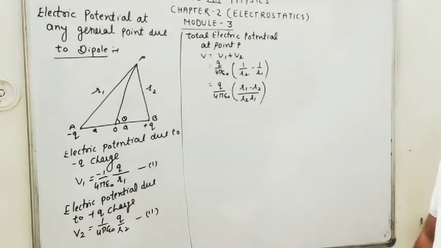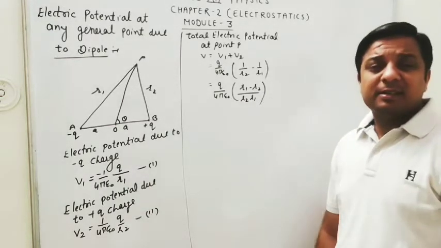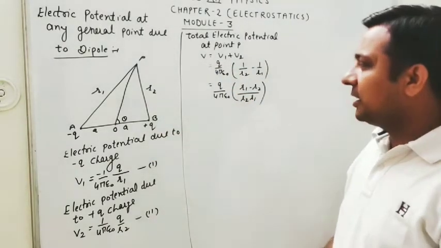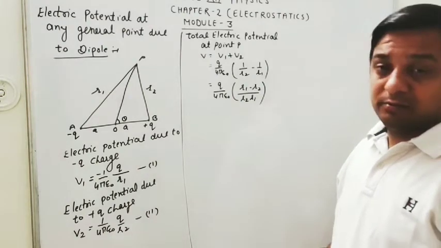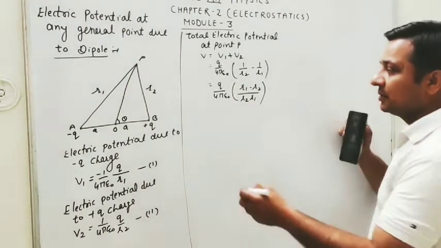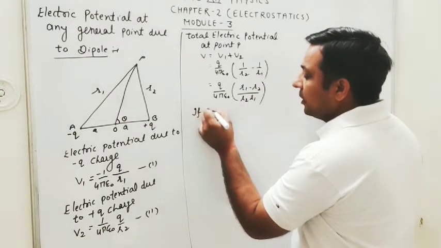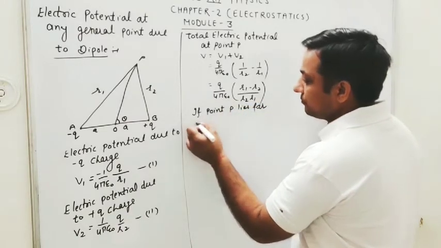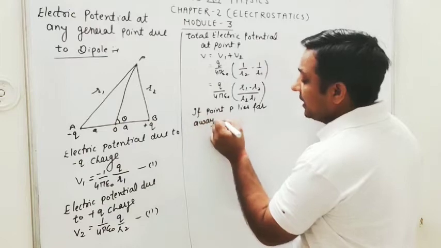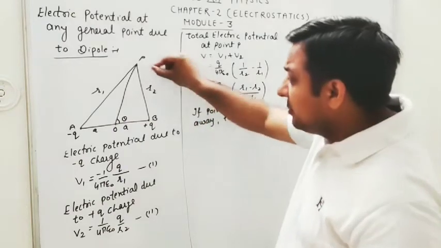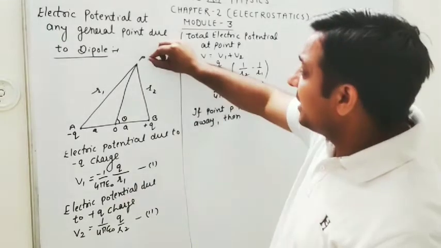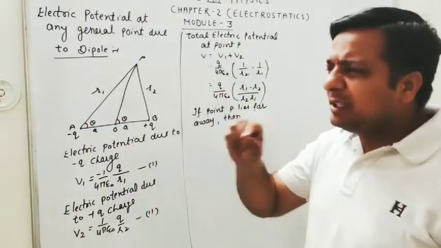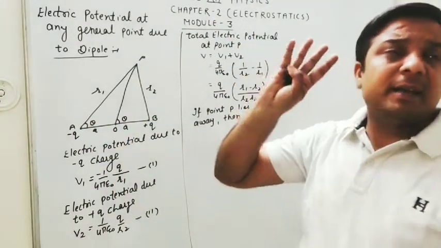But dear student, the main condition is that because this is an angle theta, simply adding is not possible. If point P lies far away, then what will happen? This angle is also equal to theta, because theta is very very small, because this is at a large distance.